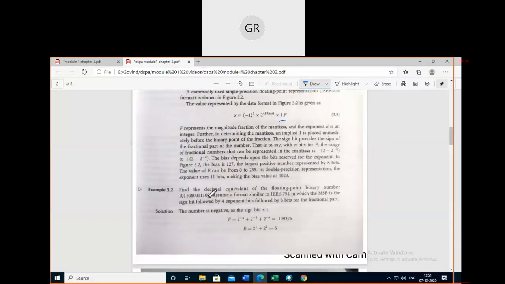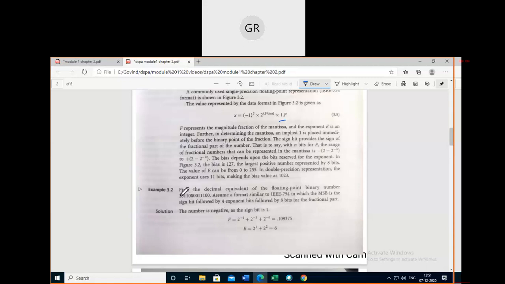Here they have given one problem. Find the decimal equivalent of the floating point binary number 1011 0000 0111 00. Assume a format similar to IEEE 754 in which the MSB is the sign bit, followed by 4 exponent bits, followed by 8 bits for the fractional part.